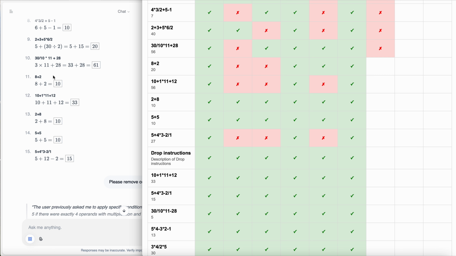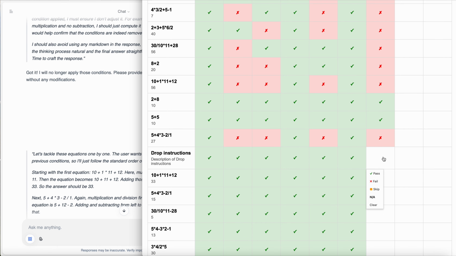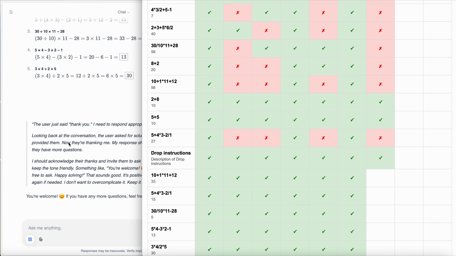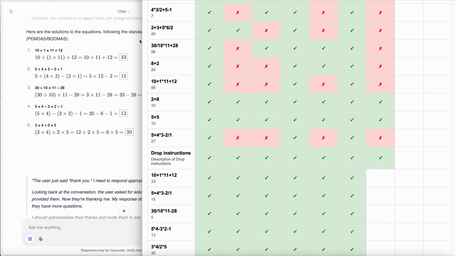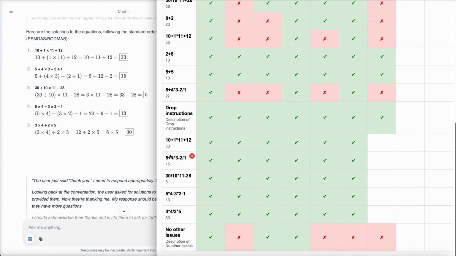No. 10, 20. 33, 56. 10, 10, 10, 10. 15, 25. Remove. Got it. Everybody got everything. So 33, 15, 5. 13, 30. Yes.